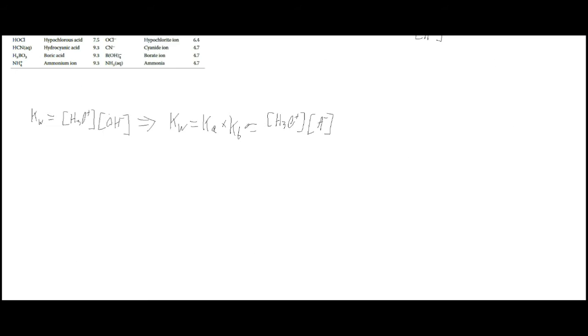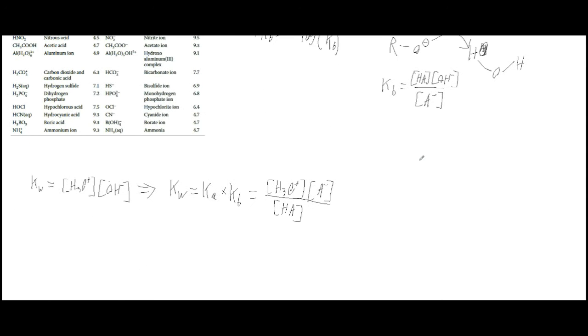We just plug that in for the Ka, since Ka equals this, and then HA, and then our Kb, which was this up here, so we multiply this by HA OH minus over A minus.